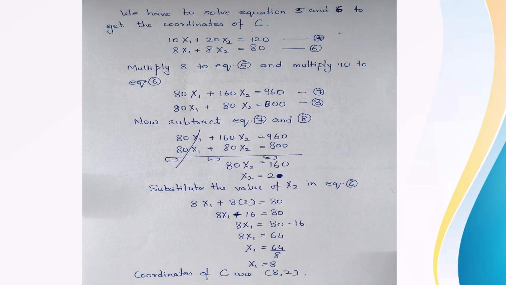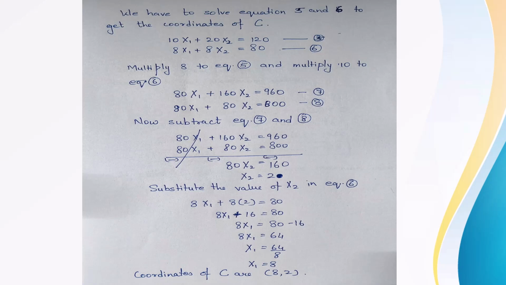Once I multiply 8 with equation 5, I will get 80x1 plus 160x2 is equals to 960. When I multiply 10 into equation 6, I get 80x1 plus 80x2 is equals to 800. Now you see I have 80x1 in both the equations, so I can cancel it out.